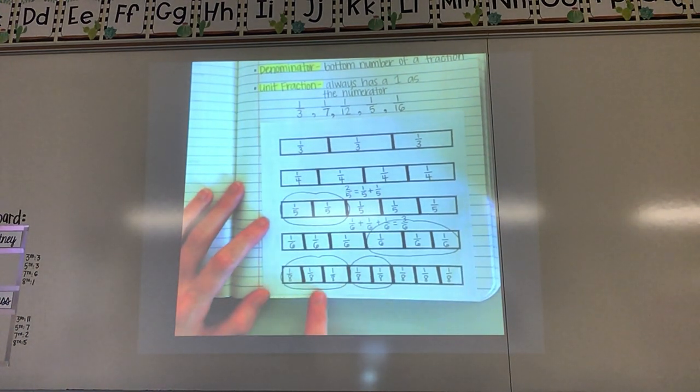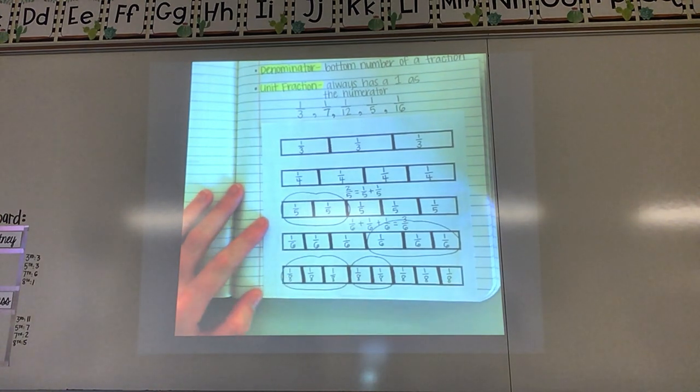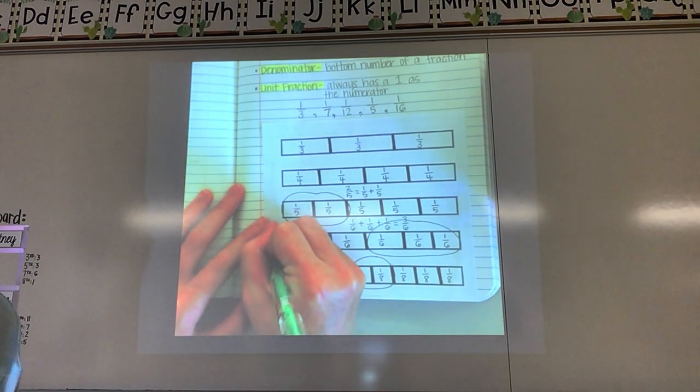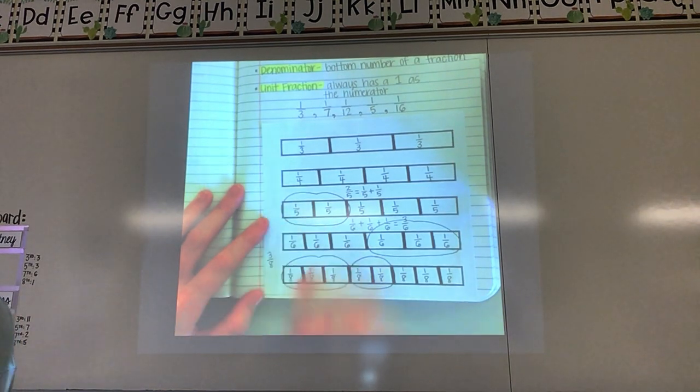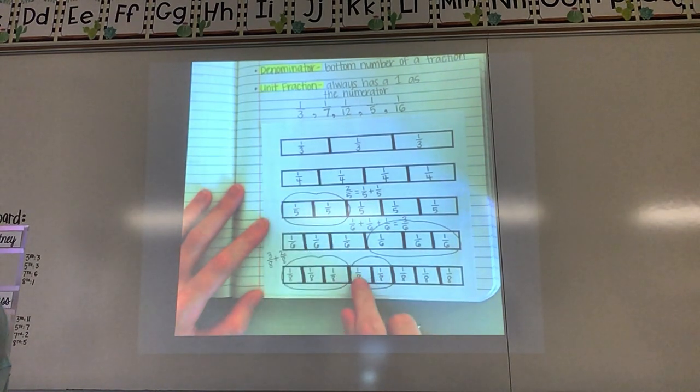So let's look at the first circle first. We are thinking, what fraction is in the first circle? Hopefully you said 3/8. Because there is 1/8, 1/8, and 1/8. All together that would be 3/8. Plus, now let's look at my second circle here. What fraction is in my second circle? Hopefully you said 2/8 because I have 1/8 and 1/8.